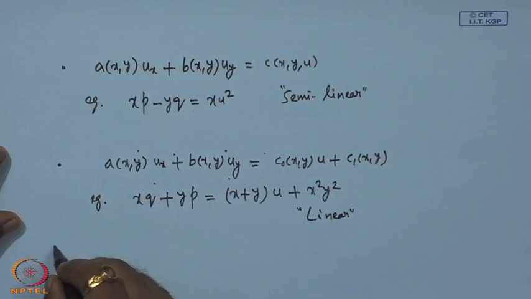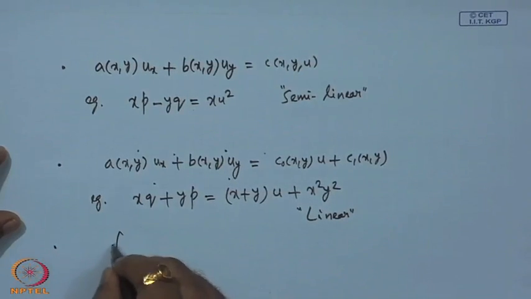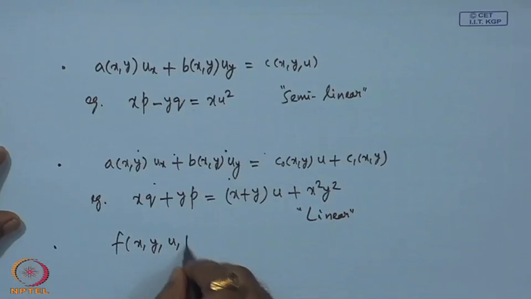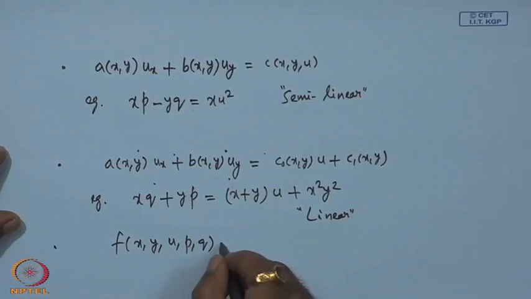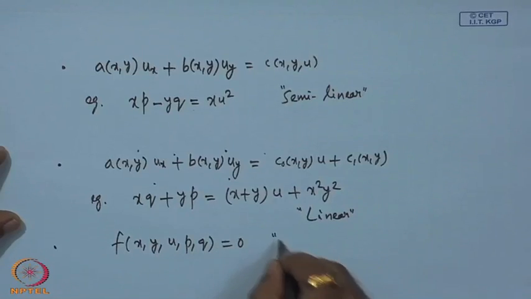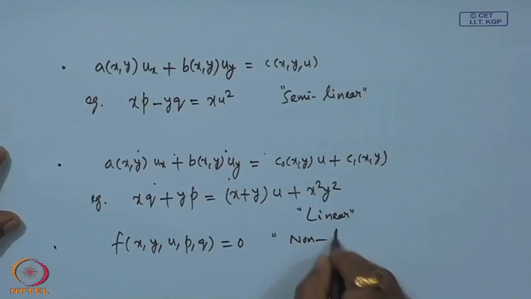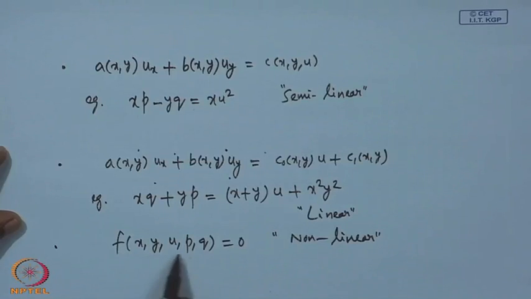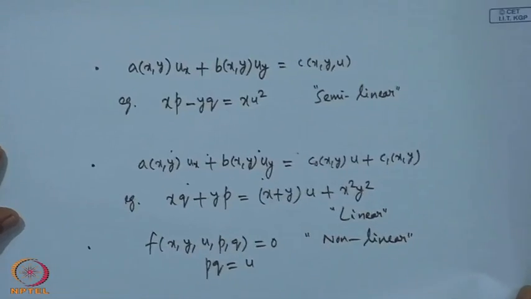Further, this is non-linear because we are allowing any combinations. So, for example, this is non-linear.